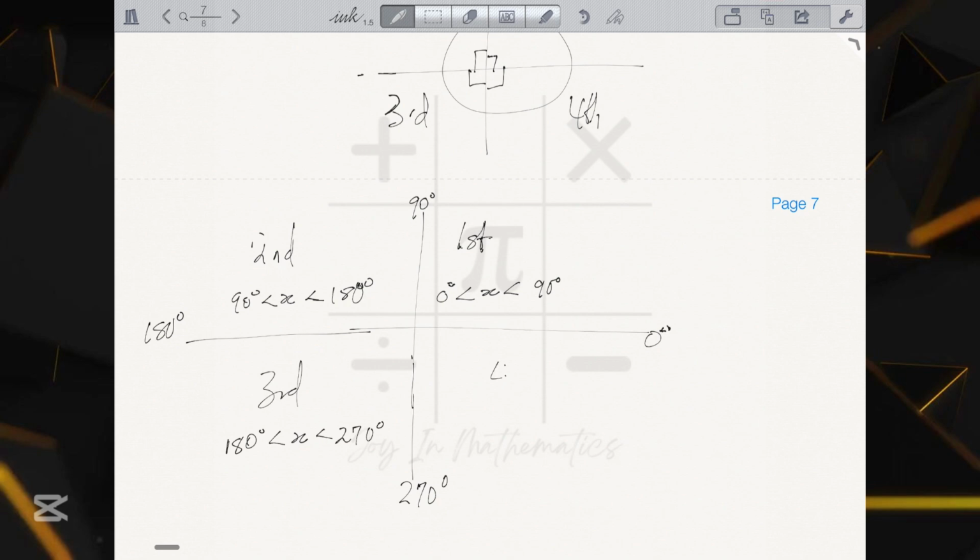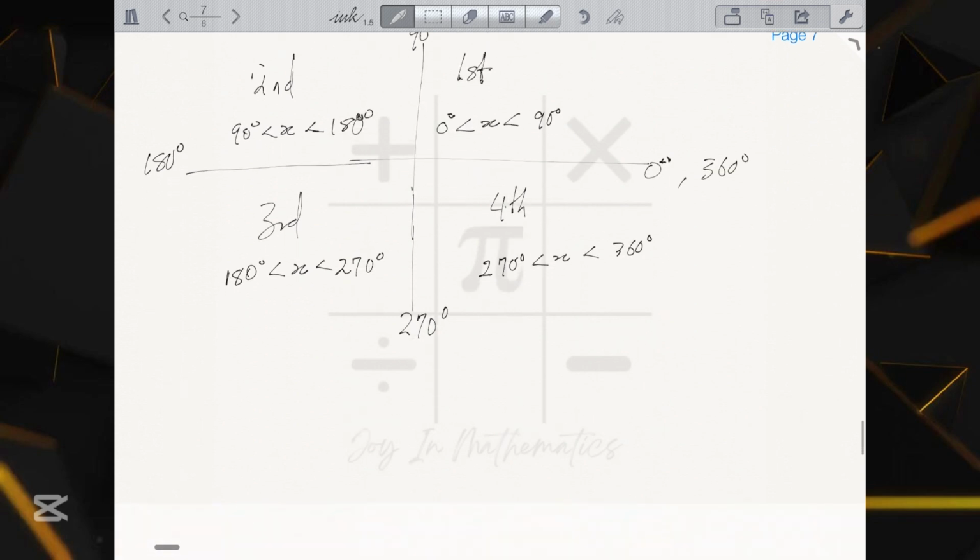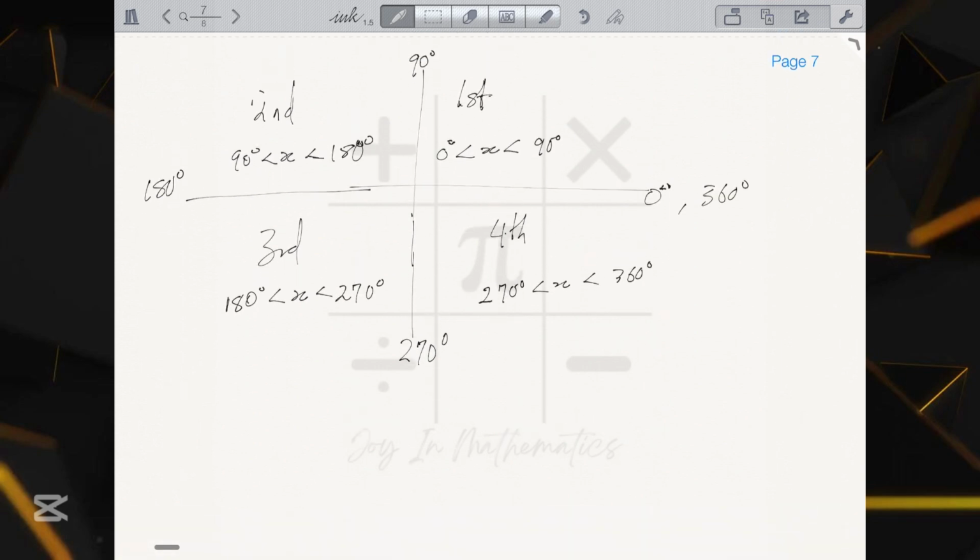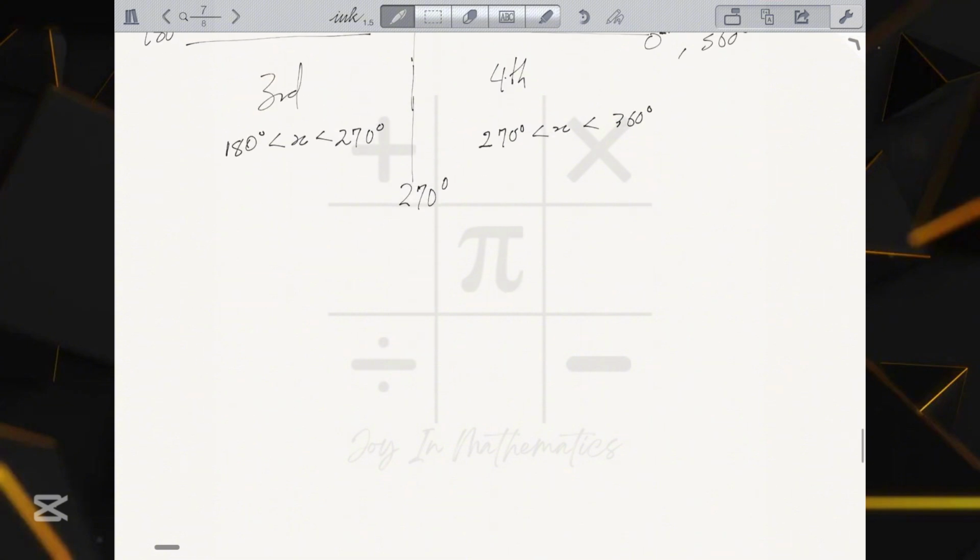And finally, the fourth quadrant has angles from 270 degrees to 360 degrees, so 270 degrees less than x less than 360 degrees. Now we can have numerous questions, such as locating the quadrant of a particular angle, or locating the smallest acute angle of a particular large angle. So let's try that now.